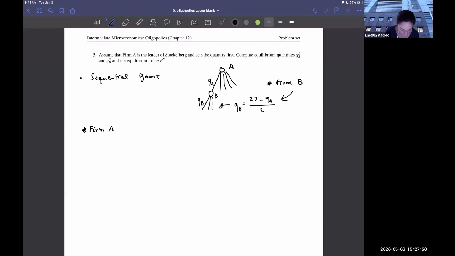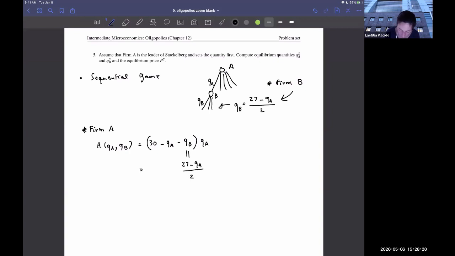Total revenue depends on QA and QB, and that's going to be (30 minus QA minus QB) times QA. But firm A knows QB: it knows that QB is (27 minus QA) divided by 2.